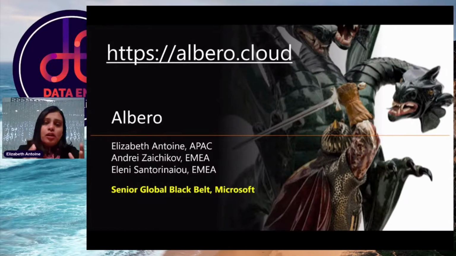I also want to give you a history of how we went about building it, the revisions we came about, and some customer use cases, globally and in Australia. So with that, I just wanted to play the audio from Eleni talking about why we came up with this Albero decision tree.